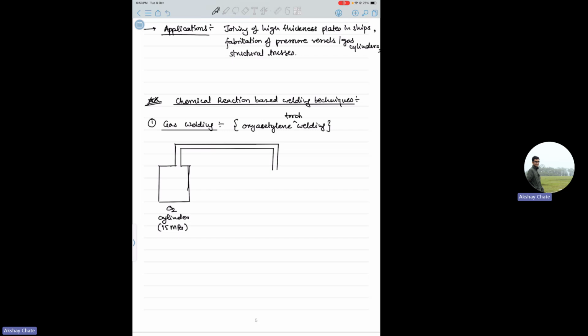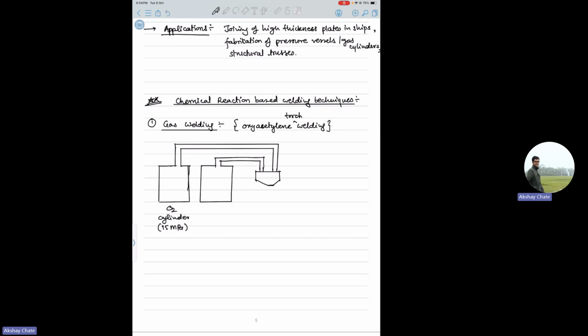And then you'll have another cylinder of acetylene, basically, not oxyacetylene. And they go to this combustion chamber, which is nothing but the torch that is typically held in the hands of the welder.